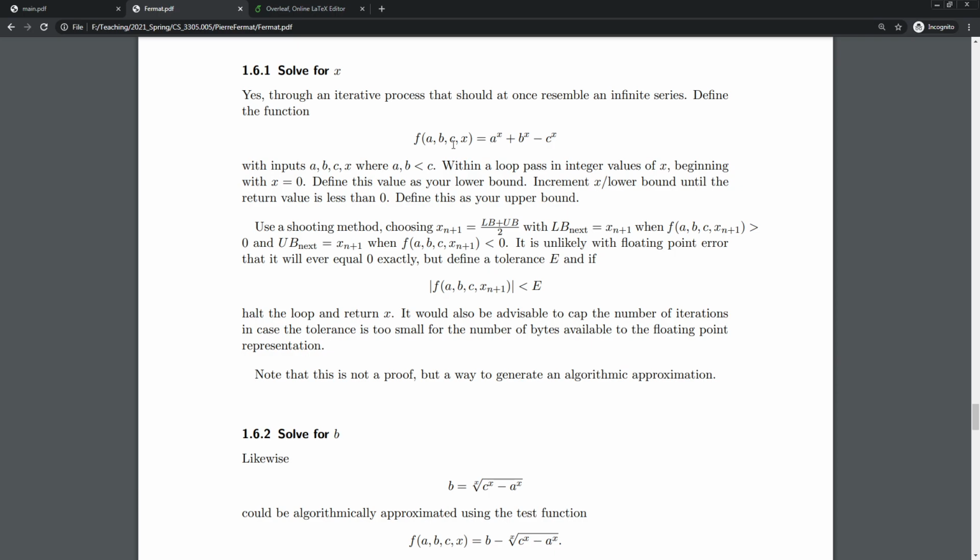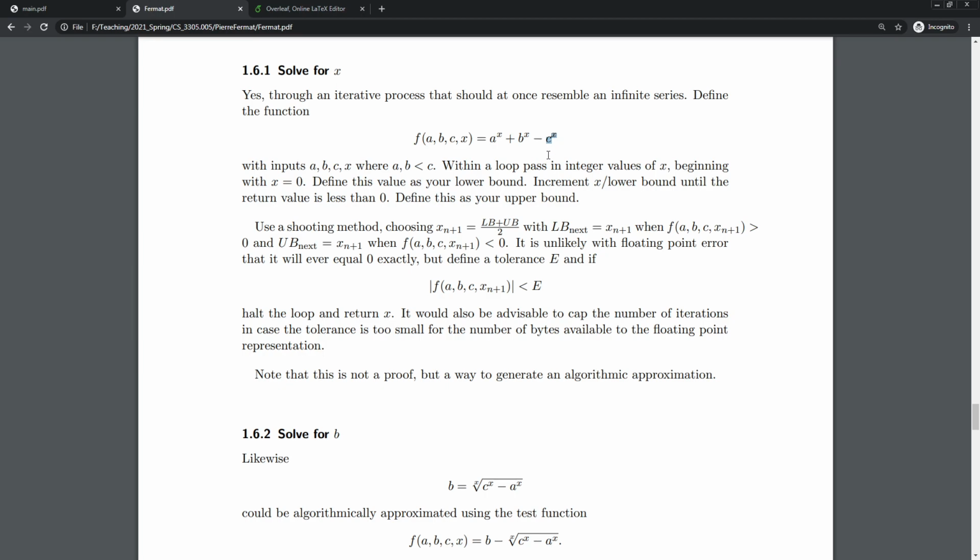And the idea is that we move everything onto one side, and whenever this is greater than 0, then this is greater than this, and whenever it's less than 0, then this is greater than this. And so in that manner we can decide from our inequality whether we've undershot x or overshot x, right? So if it's greater than 0, we've undershot it, and if it's less than 0, then we've overshot it.